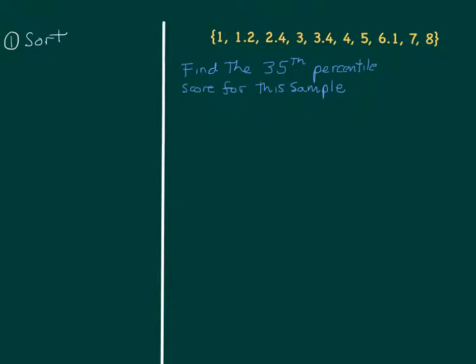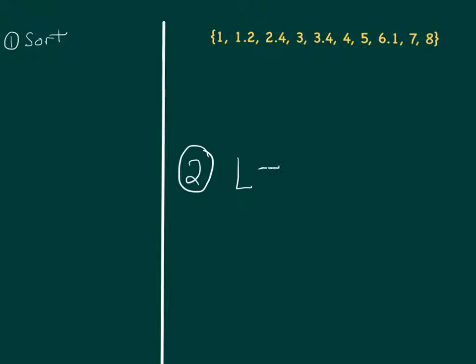Working through the steps, again, the first thing we always do is sort. Our next step, 2, is to find our computed L value. In general, it takes K, which is the percentile we're trying to find, divides by 100, and then multiplies by the number of elements in our sample.